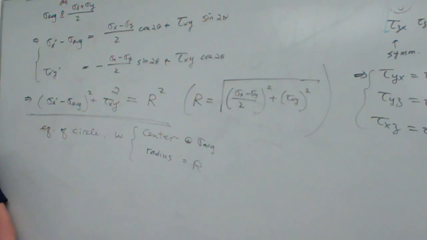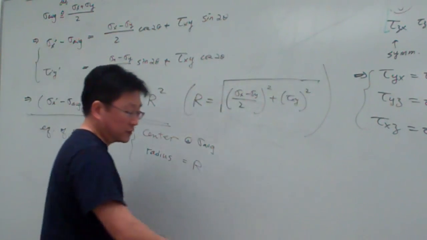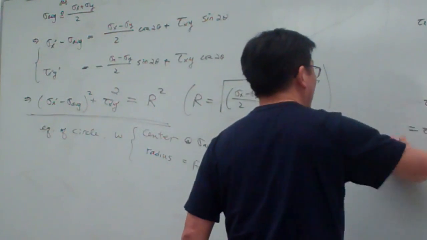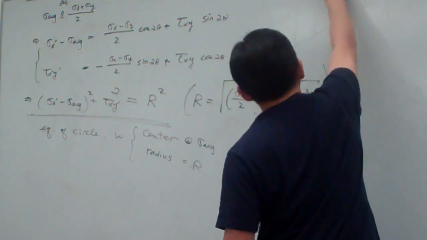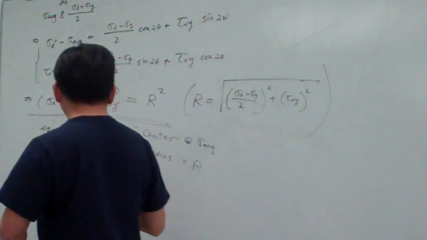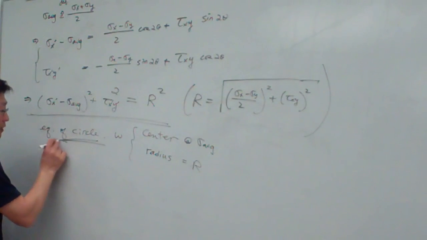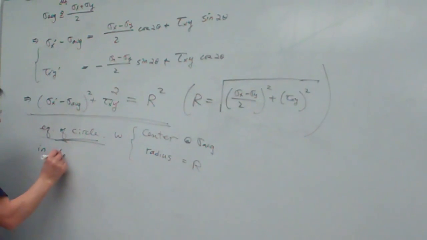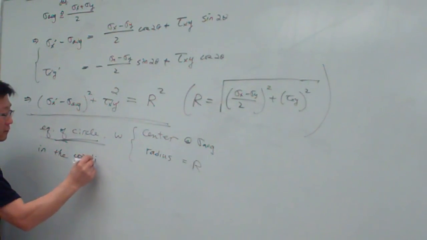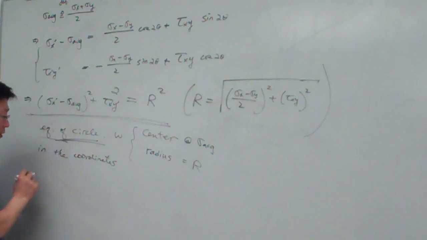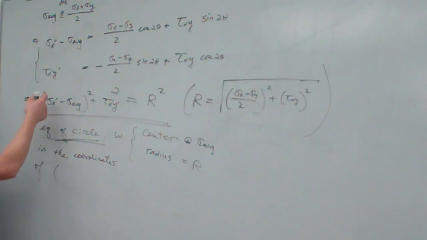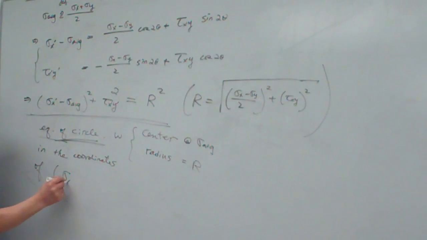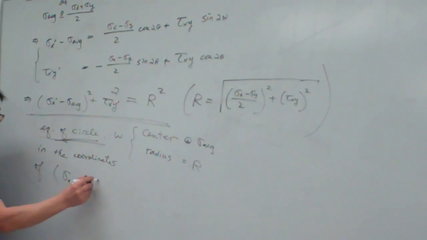So from here you can see basically we can quickly build up the Mohr circle like this. The first one we calculate, this is the equation of a circle in the coordinate system of, say, for example, here we can see we have two variables. The first one is the normal stress, the second one is the shear stress.